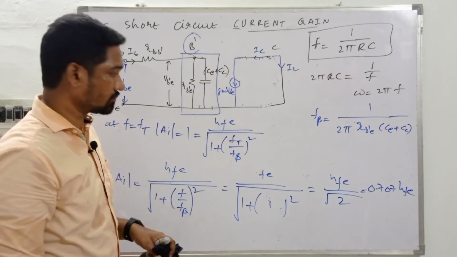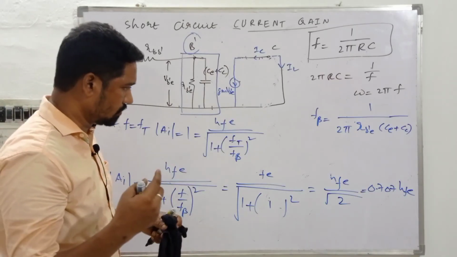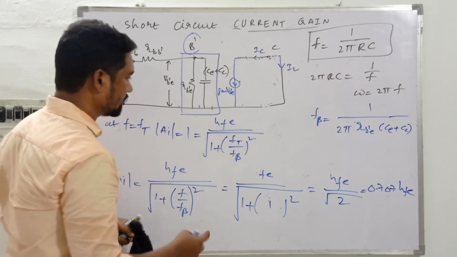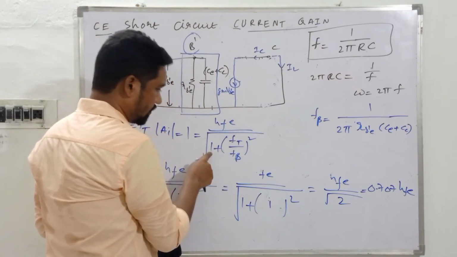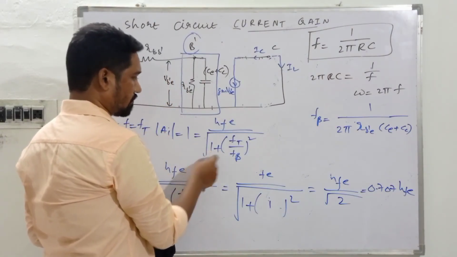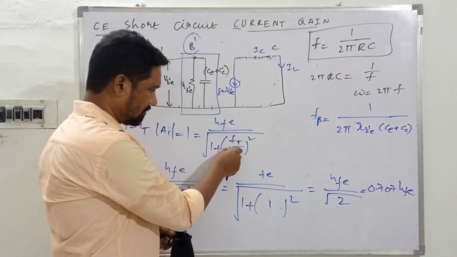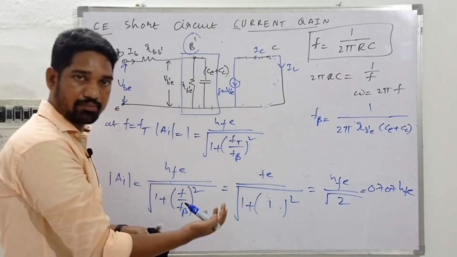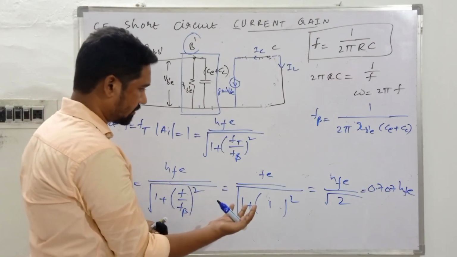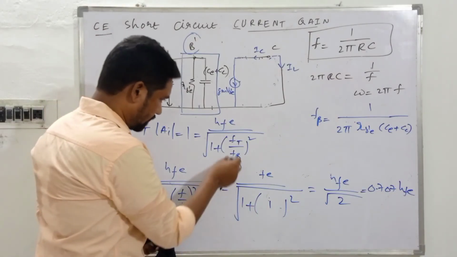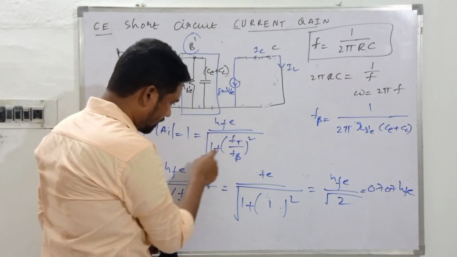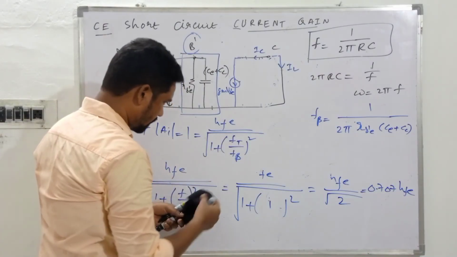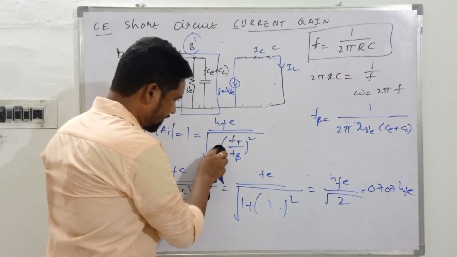Guys, practically when we do the numericals, we can prove that this is very much higher than this one, okay? This value will be in terms of kilohertz or megahertz or like that. Finally this value is very much higher when compared to this one, so the 1 cannot stand in front of that one.